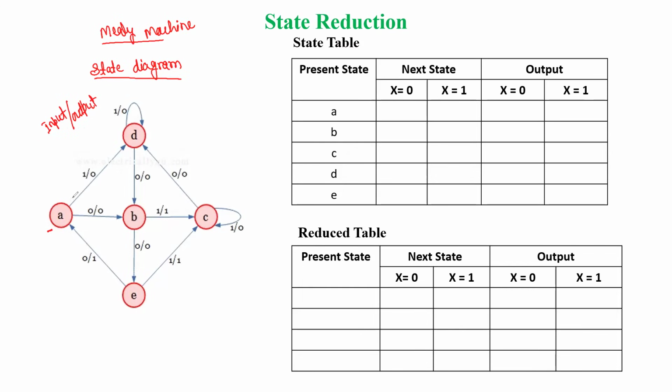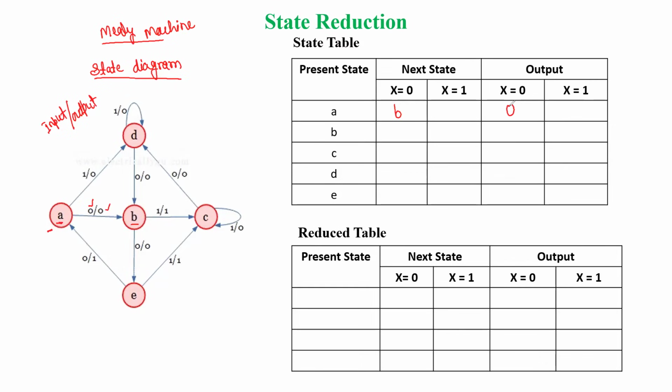So here, when we are at state E, if you see that the input is 0, then what is the next state? Next state is B. So when input is 0, next state is B. And what is the corresponding output? Output is 0.